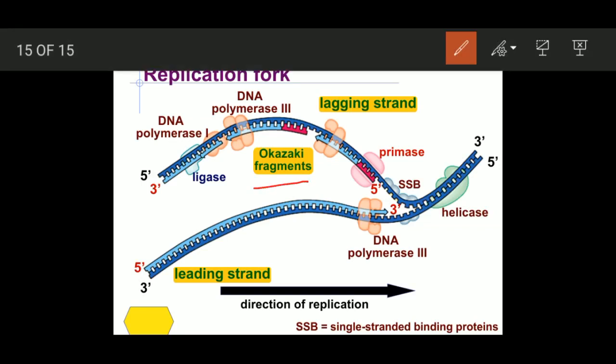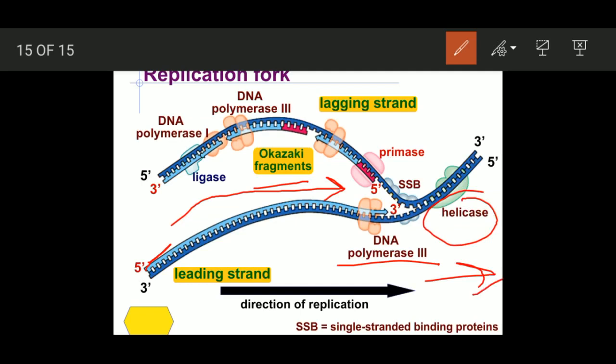At first, what happens? The primers are added. Here, RNA primers are added in the leading strand. With the help of DNA polymerase third, it will keep synthesizing the new DNA strand, correct? And the helicase enzyme will keep moving forward, unwinding, correct? And SSB will bind to prevent the annealing, correct?